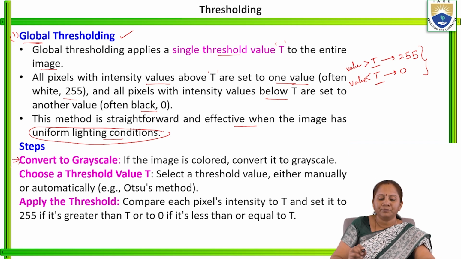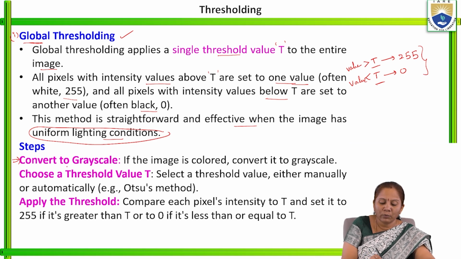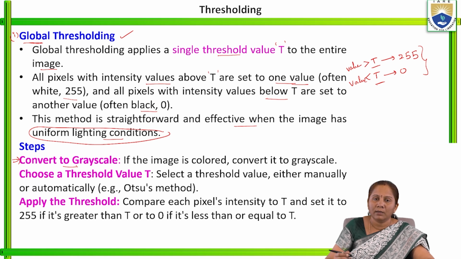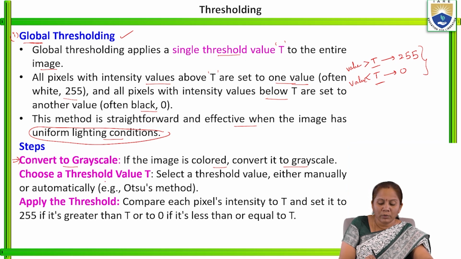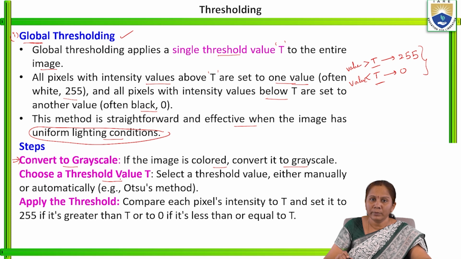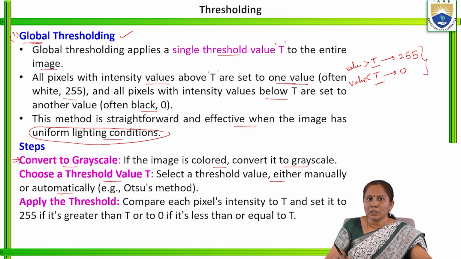So here, how to apply this global thresholding on the image: we have to initially convert the given image into grayscale. So if the image is a color image, the first step is to convert that color image into a grayscale image. Now select the threshold value T either manually or automatically. To select the threshold value T manually, it is based on the user.